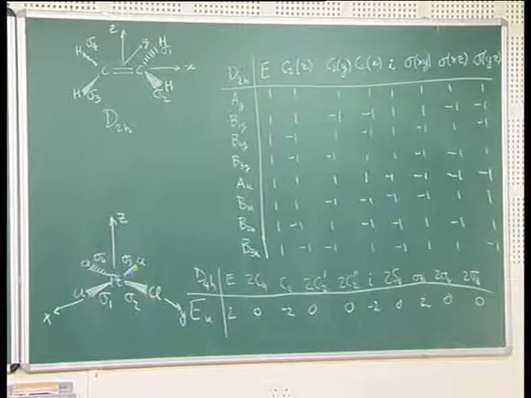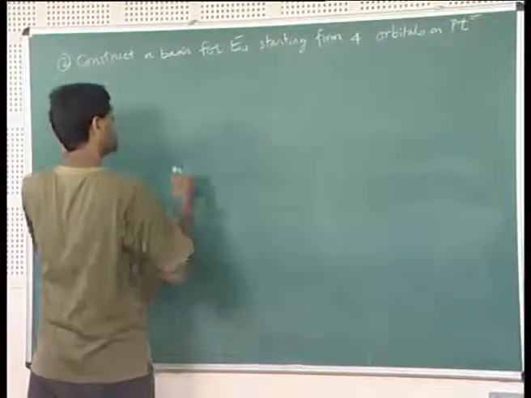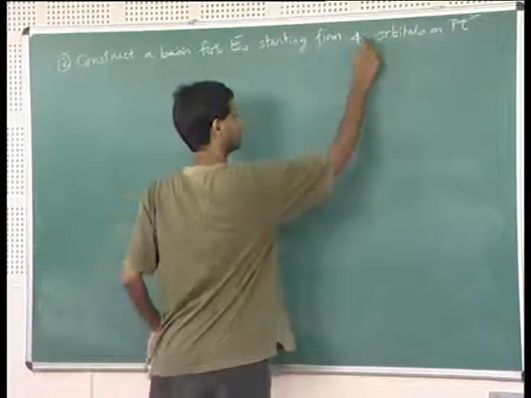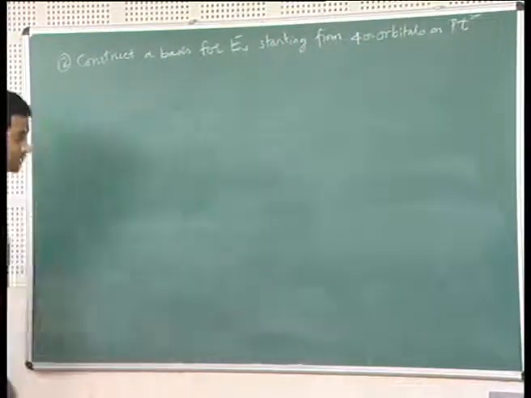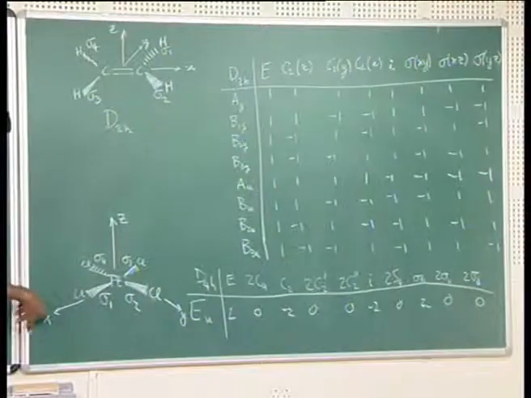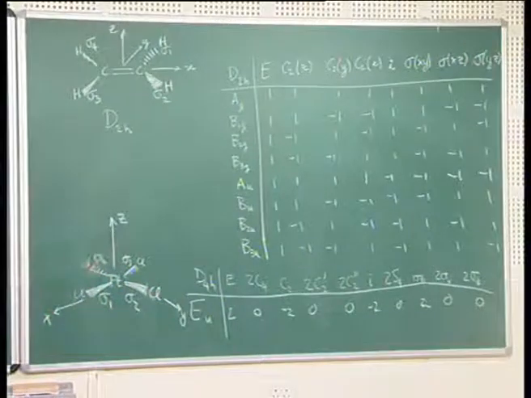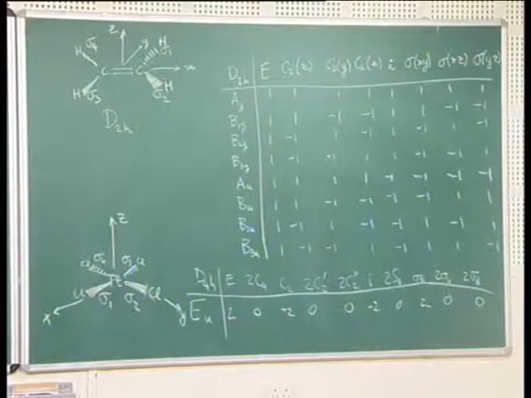Okay, so let's take Pt2+ and sigma 1. In order to do this, we'll just use this coordinate system where the x-axis goes along one of the Cl, the y-axis goes along the other Cl, and the z-axis is perpendicular to the plane of the molecule.